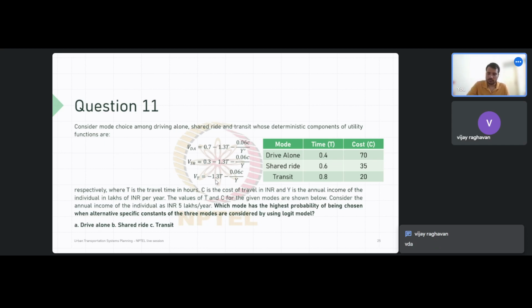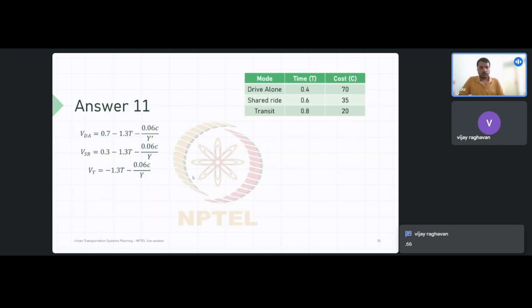Okay. Let's see the answer. Solve it. So we have been given the different modes: drive alone, shared ride, transit. We have the time, we have the cost. Income is 5 lakhs per year.